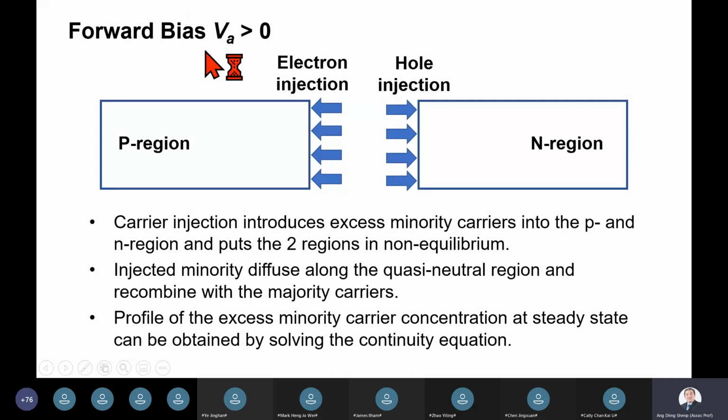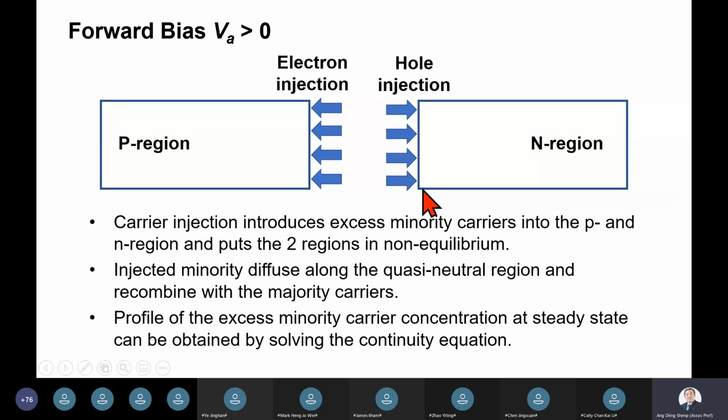So let's recap. Under forward bias, I mentioned that we have carrier injection across the junction. So electrons from the N side are injected into the P side. Notice that this injection happens at one end of the P region. Similarly, holes are injected from the P into the N, at one end of the N region.